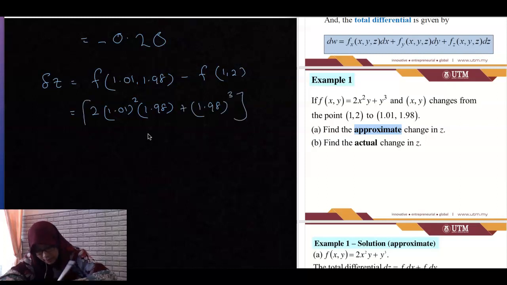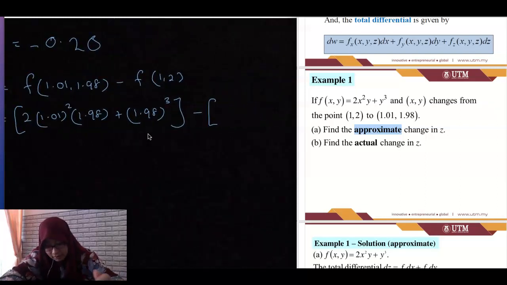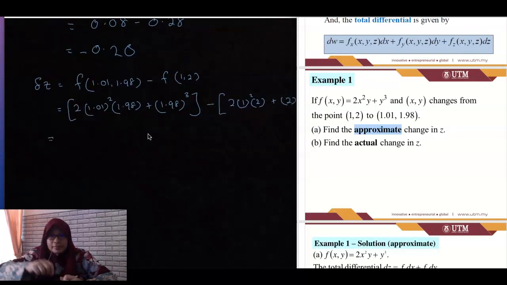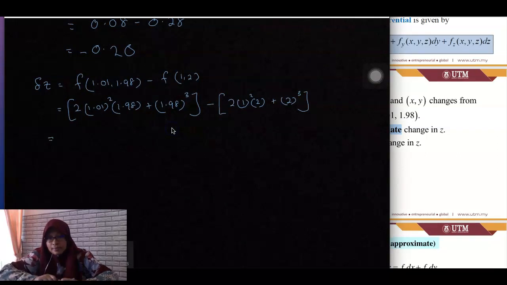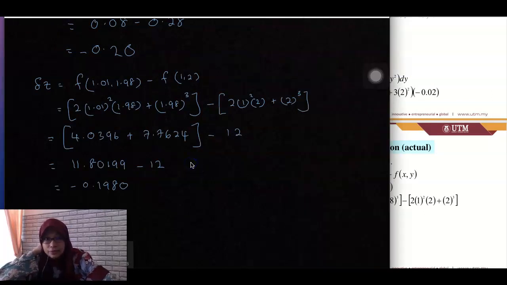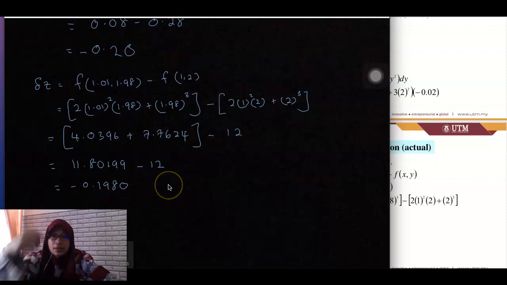So that is from the new value of x and y, minus the value of the function z using the old value of x and y, so you have 2 times 1 squared times 2 plus 2 cubed. If you evaluate that, using the true change without total differential, in 4 decimal places you will get negative 0.1980. Okay, it looks different.